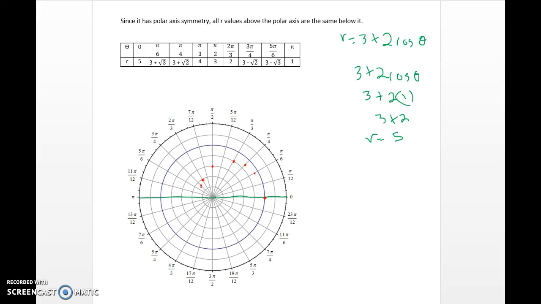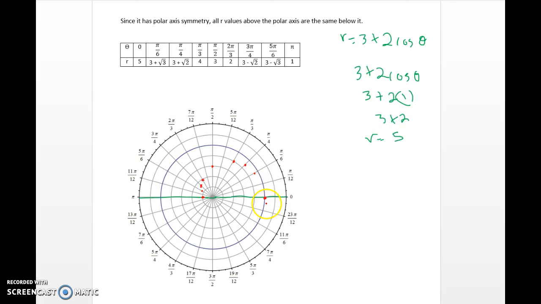When theta is 5 pi over 6, r is 3 minus root 3, which is 1.26. So it's even closer to 1. And when theta is pi, r is 1. So that's right down here at the lowest. That's half of it. So then we could continue the other way.